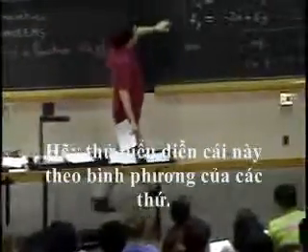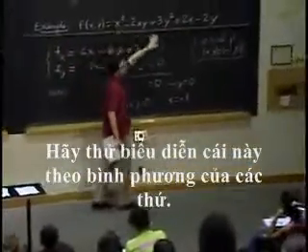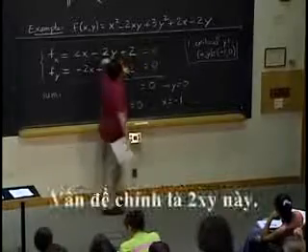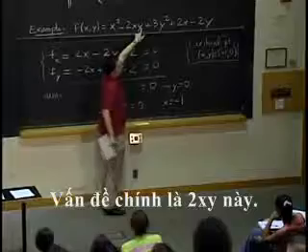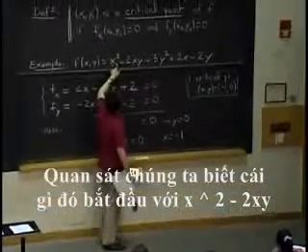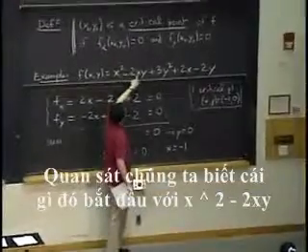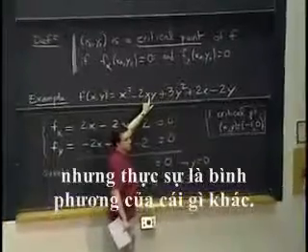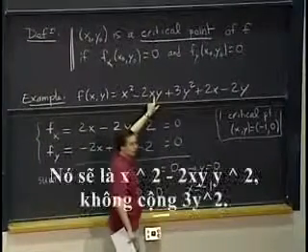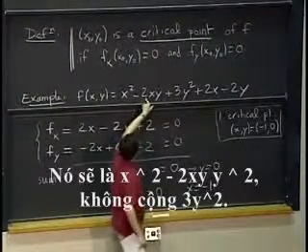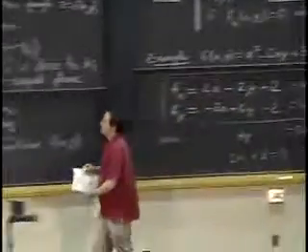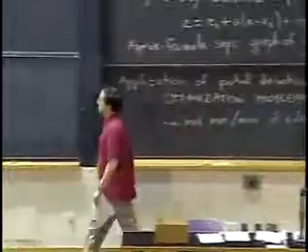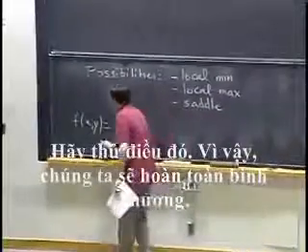So let's try to express this as the square of something. The main problem is this 2xy. But observe, something that starts with x squared minus 2xy is actually the square of something else. It would be x squared minus 2xy plus y squared, not plus 3y squared. So let's try to do that.